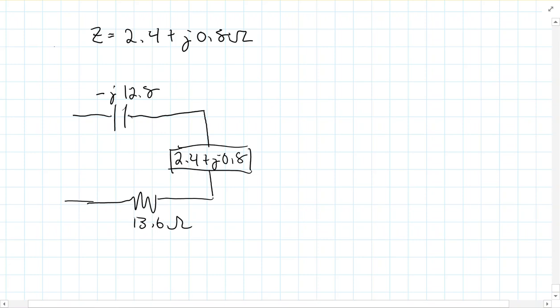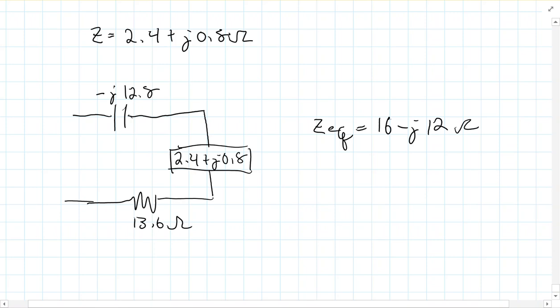And then if I combine all of those together, that's in series now, so for my final Z equivalent, I'm not going to actually show the addition, these are easy things to add up. We would wind up with 16 minus J12 ohms. So that is definitely my equivalent impedance.